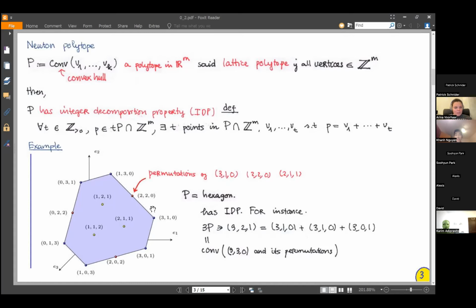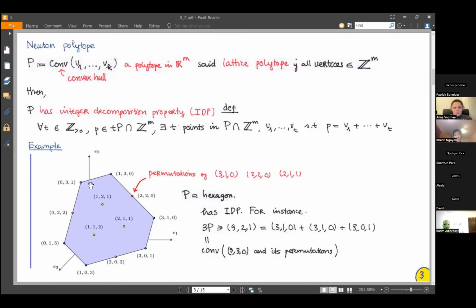So they are the vertices of the blue hexagon, and the next 3 points are permutations of 220. You see that they are the midpoints of the sides of the hexagon, and the next 3 points are permutations of 211, and they are the inner points of the blue hexagon.